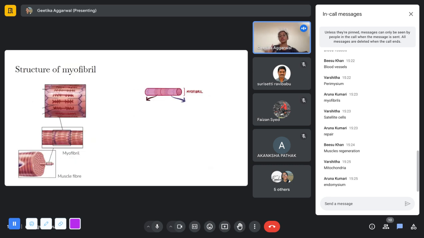Moving on to the structure of one myofibril. When we look at one single myofibril, we have these thick and thin filaments. Can you tell me which one is the thick filament and which one is the thin filament? The thin filament is the actin, and the thick filament would then be.